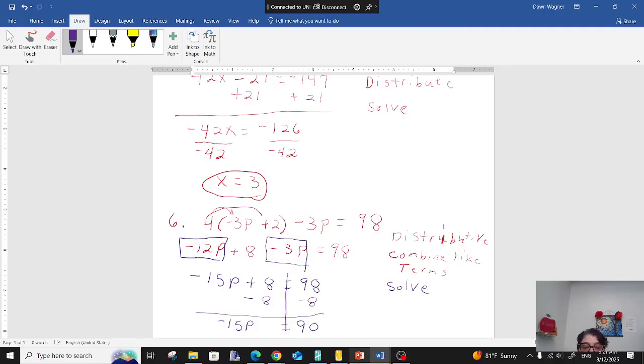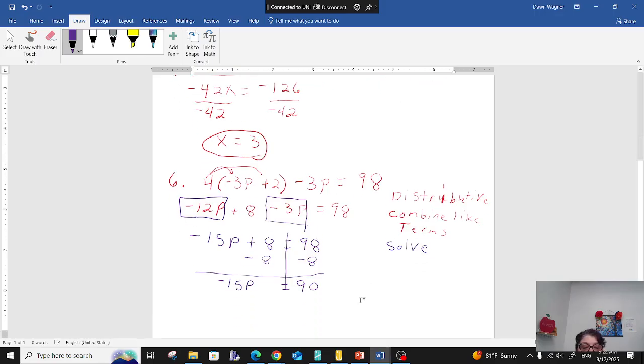And now you need to divide, right? And divide by negative 15. What does p equal? Negative 6. Because positive divided by negative is negative.